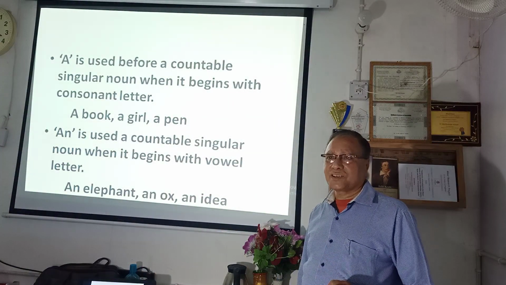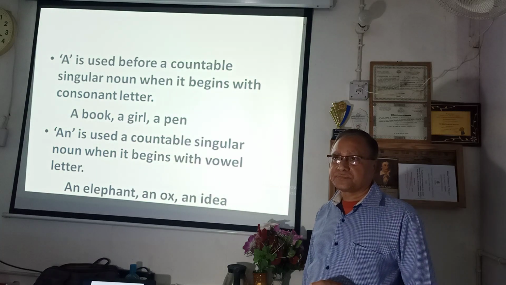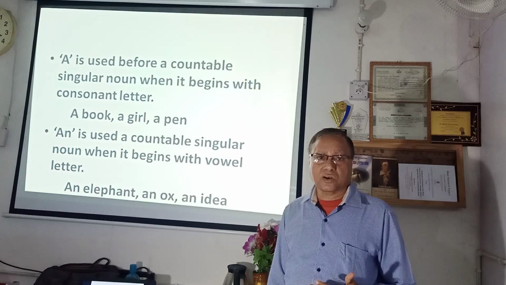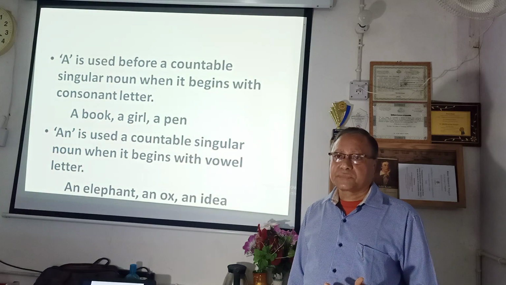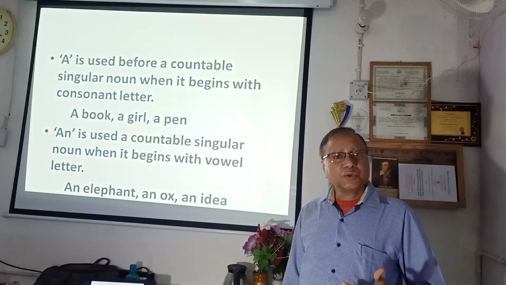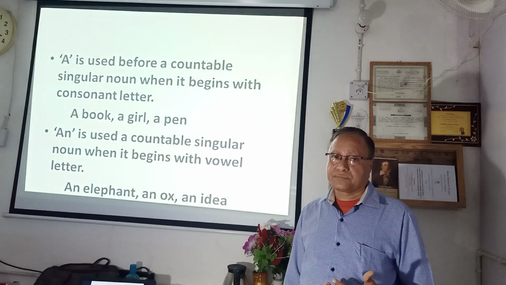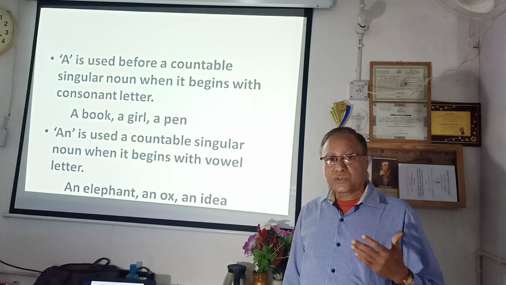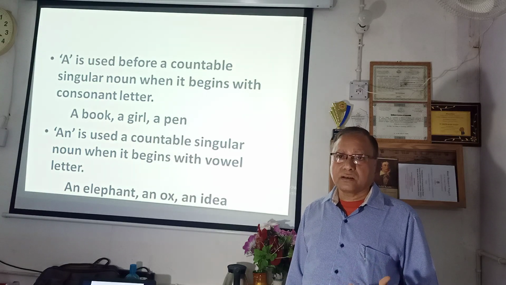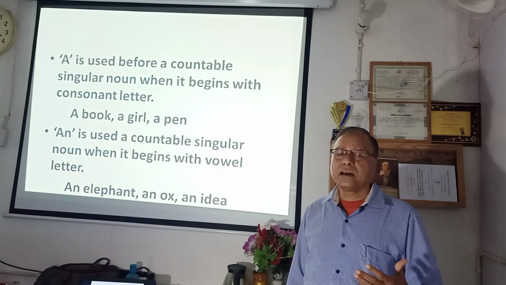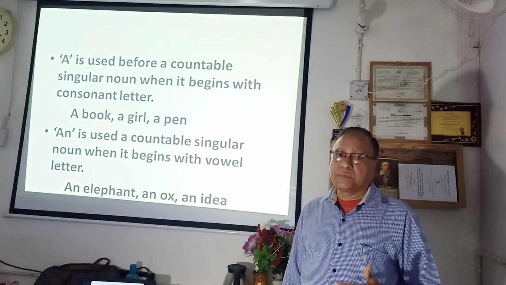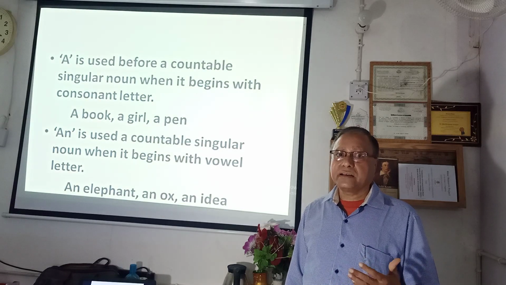From the very beginning, we know that any singular countable noun, if it begins with a consonant letter, a comes before it. And it is also known to us that any singular countable noun that begins with a vowel, I mean a, e, i, o, u, an is used before that.